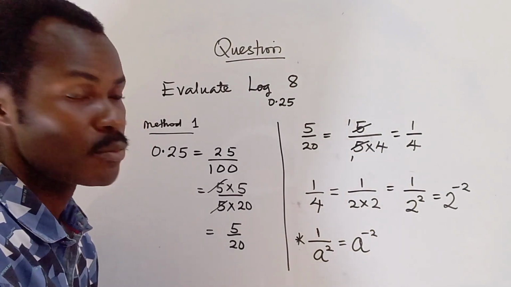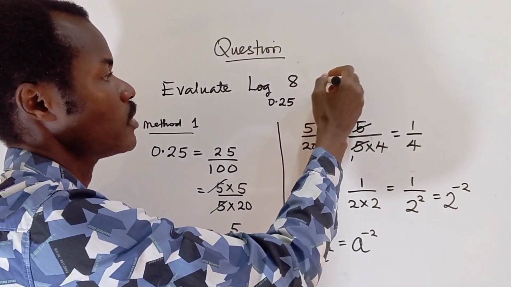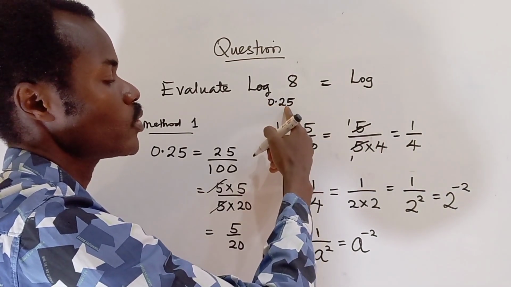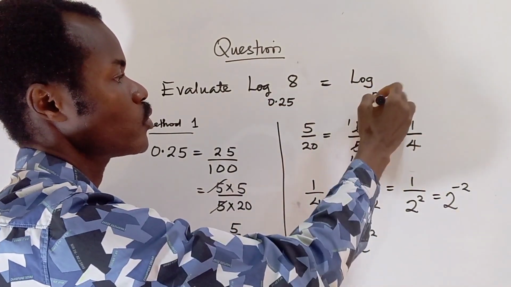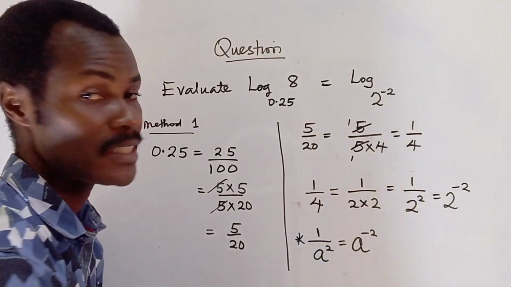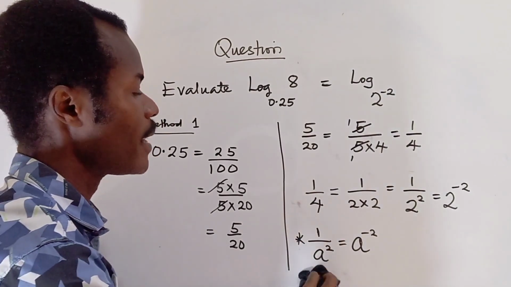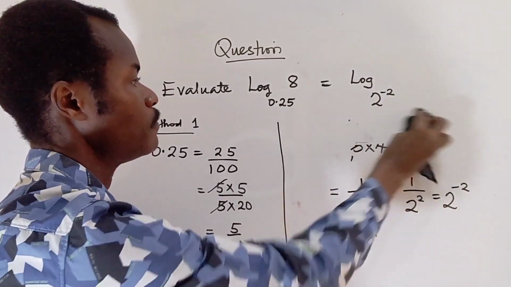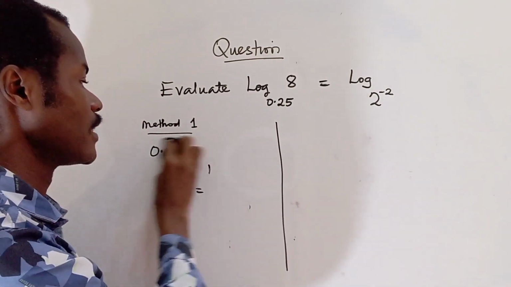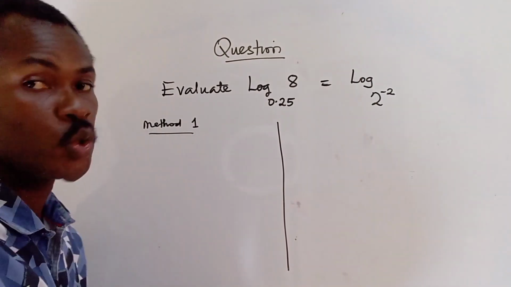So one thing we've been able to achieve here is, we have it as log, 0.25 means we have 2 raised to the power of minus 2. Now the next thing is, what about the 8 that we have there? Can we also have it as a product of 2's?